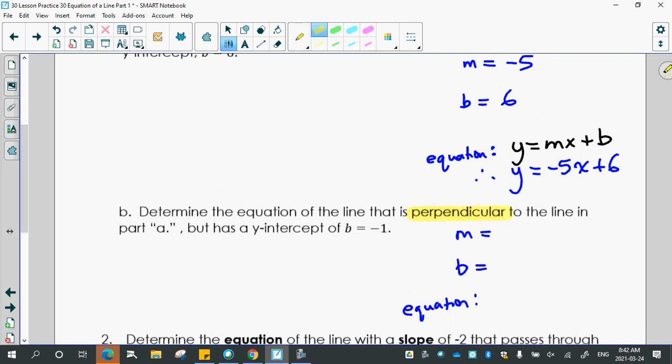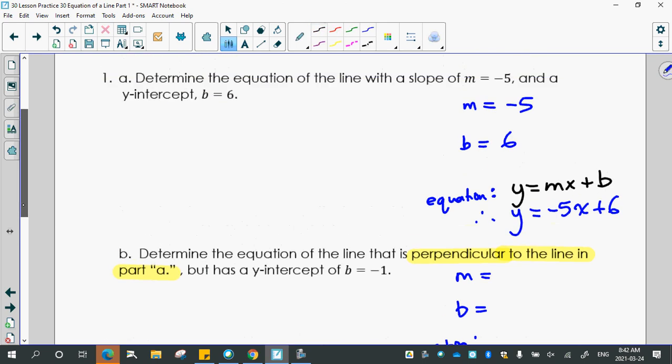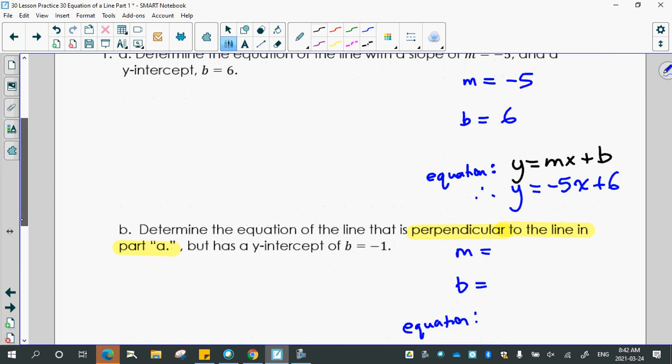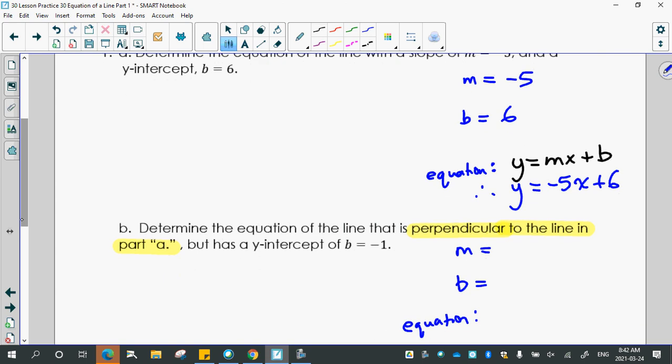So what does perpendicular to the line in part A give you a clue about? Which does, the slopes or the y-intercepts? The slopes. Okay, so this is a clue.